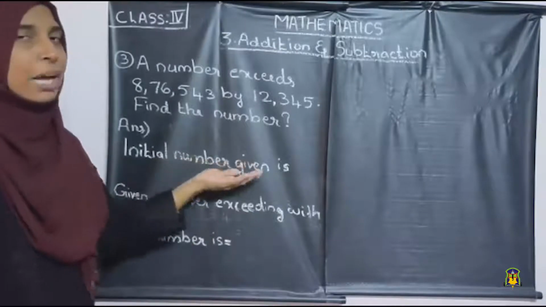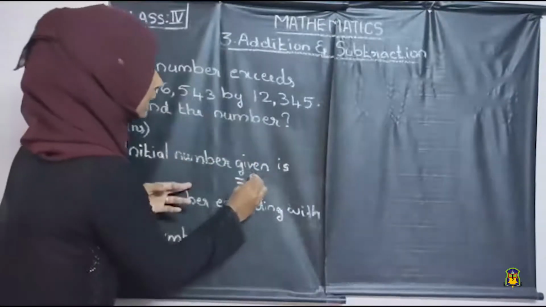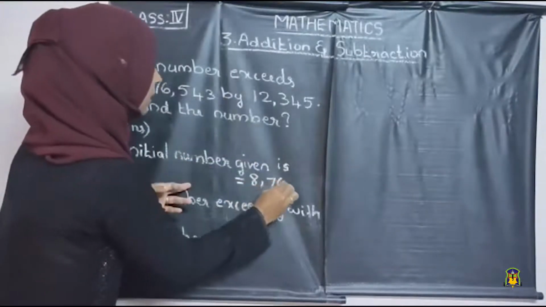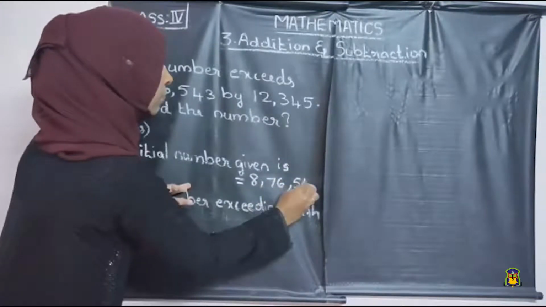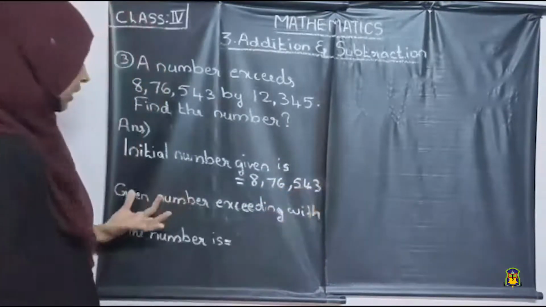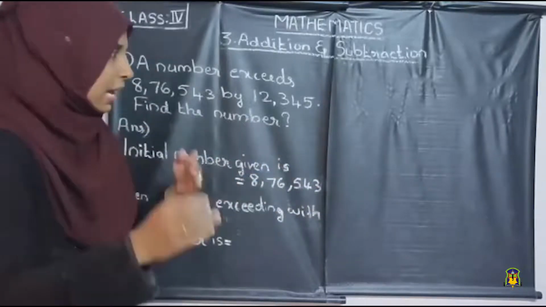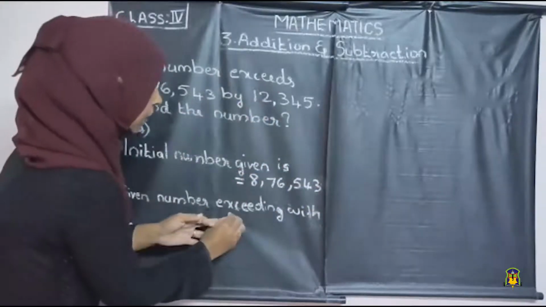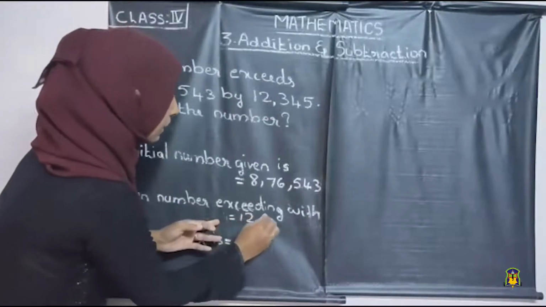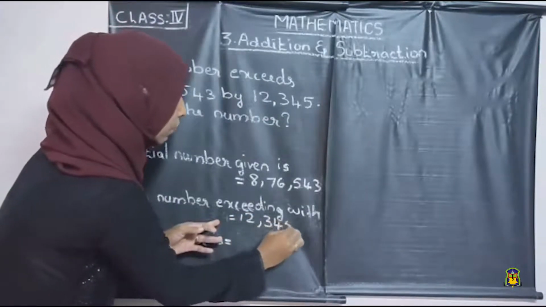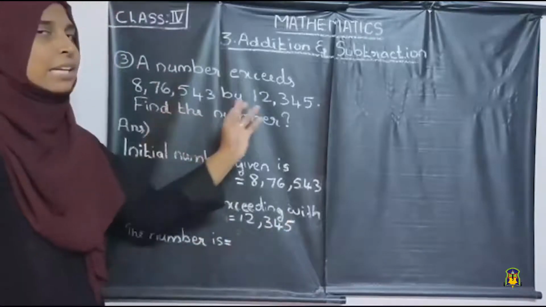Here the initial number given is 8,76,543. The number exceeds by 12,345. Okay, then find the number.